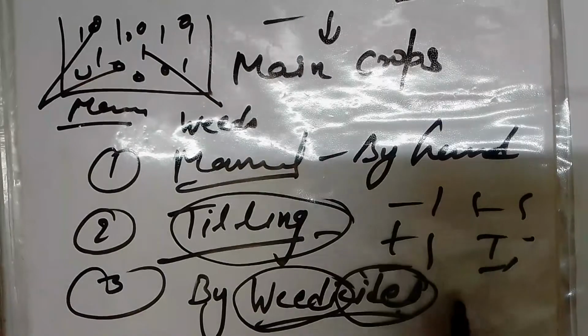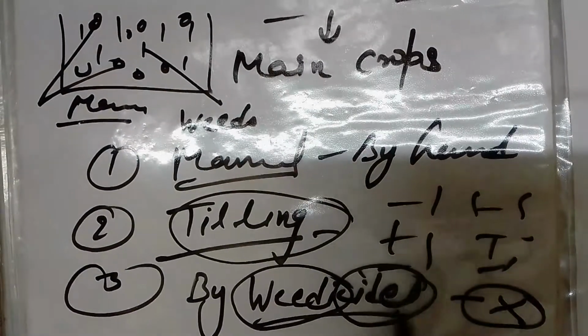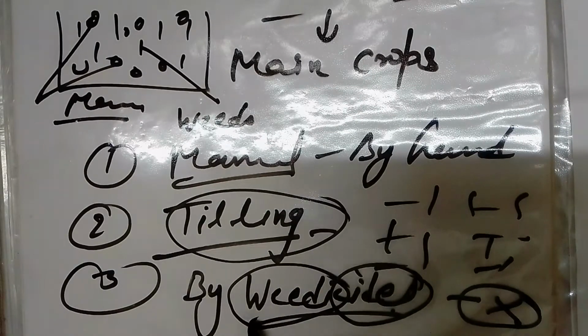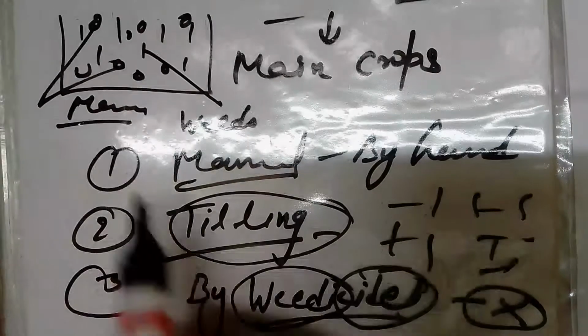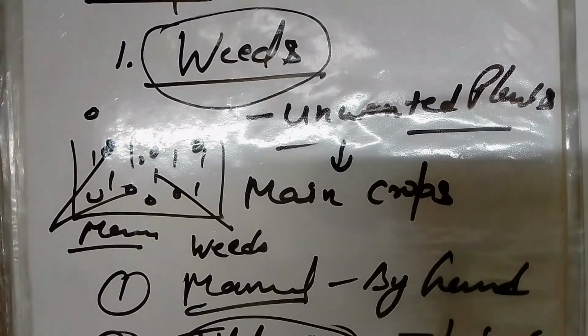But this practice should be minimized as it leads to adverse consequences. It will affect the environment. It will later cause soil pollution and water pollution also. So these three are the main methods by which we can remove these unwanted weeds.